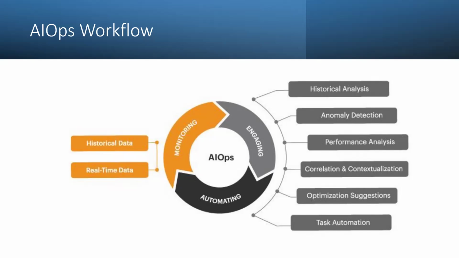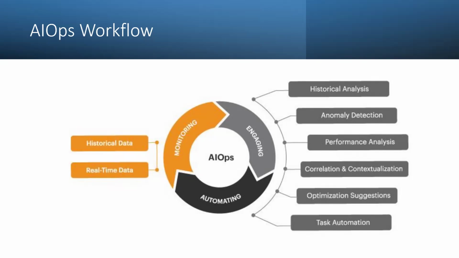Contextualization is adding extra information to your correlated alarms. Optimization suggestions are also part of AIOps. The system will give you suggestions based on the alerts, how you can work on the alert, and also on optimizing your metrics.